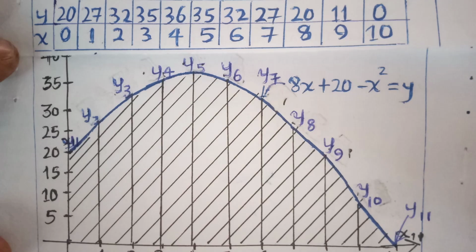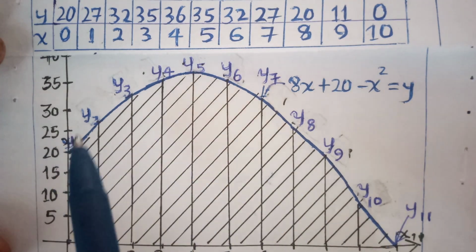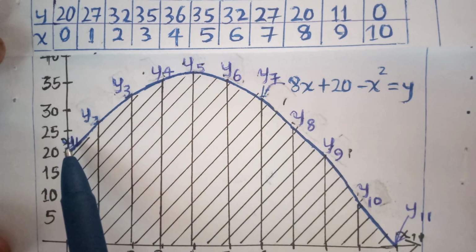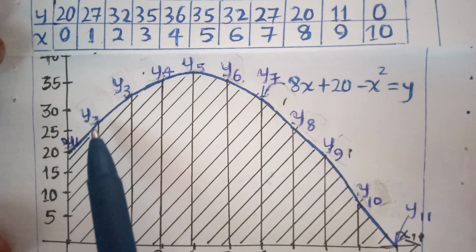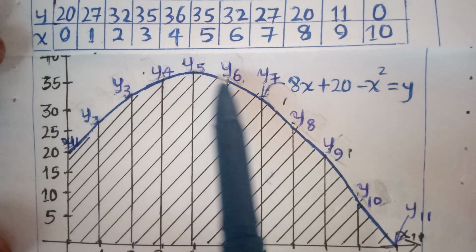And so, guys, I had drawn the curve on the x and y axes, and this is what I found. You have your ordinates at these points. The first ordinate is at 20, the second was at 27, 32, like that.